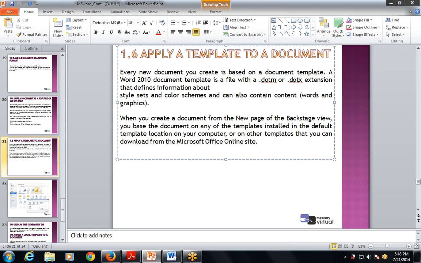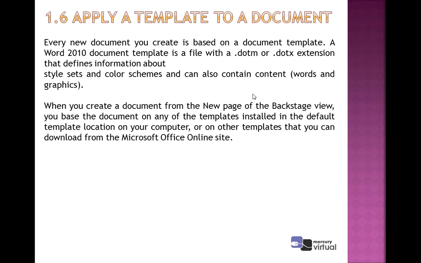Next topic is how to apply a template to the document. That is topic 1.6, and this is one of the important topics used in MS Word 2010. That is, what templates are and how they are applied in MS Word 2007 or 2010. Every new document you create is based on a document template.